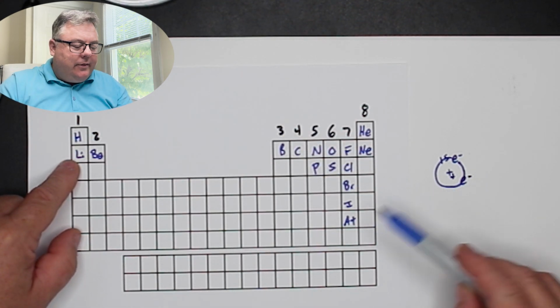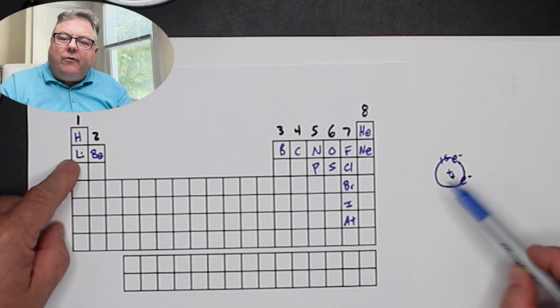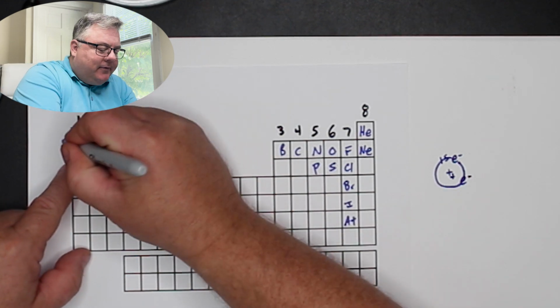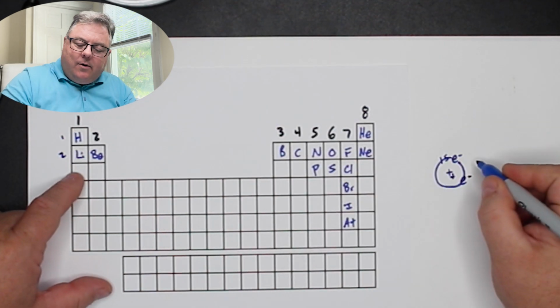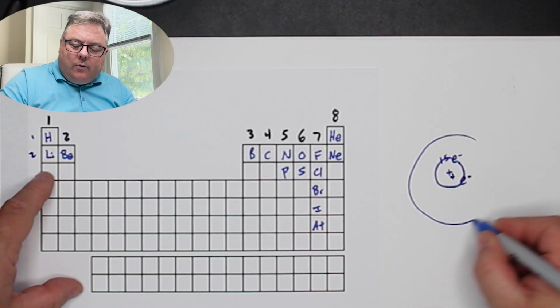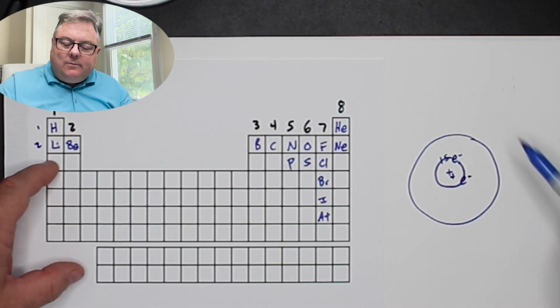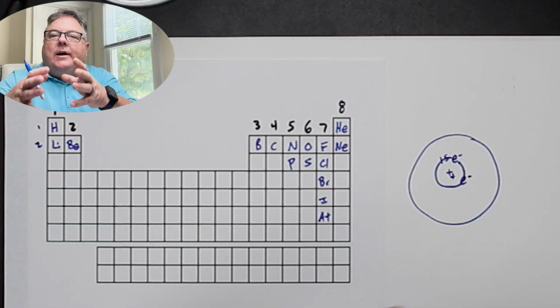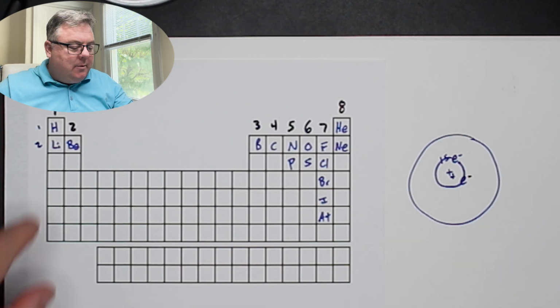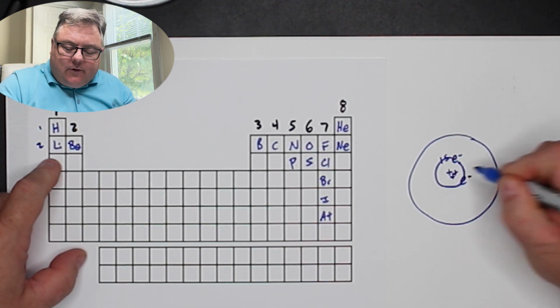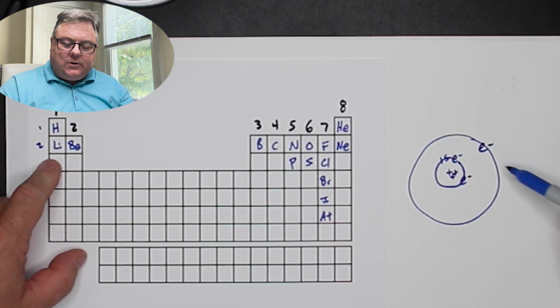If we come down to lithium, this orbital, the 1s, is full. So lithium, because it's the second row down, those electrons go into a second shell, we call it, or a second group of where the electrons can be. And lithium with one extra proton will now have 3 electrons.